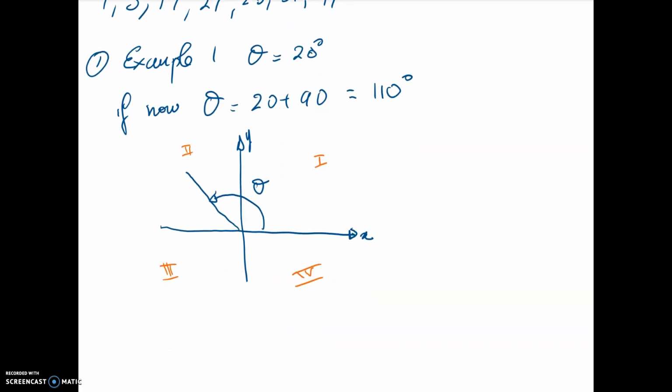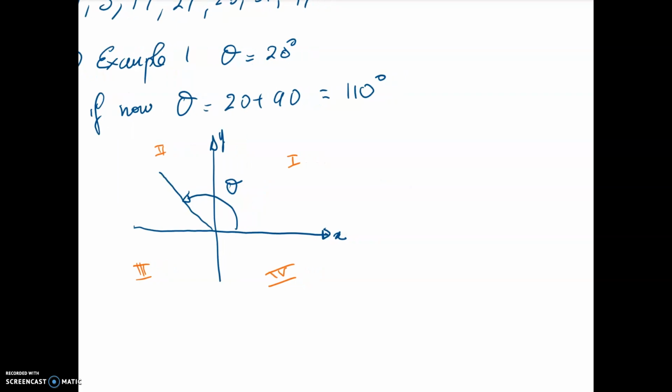Remember that when we are reading the angle, we are reading the sinus on the vertical axis and the cosinus of my angle on the horizontal axis.